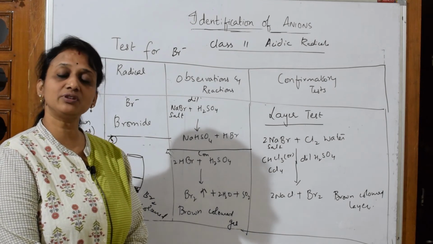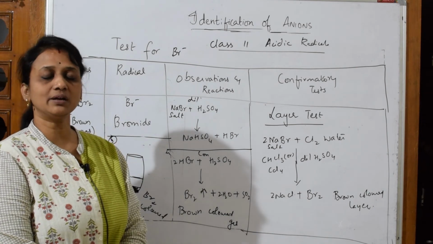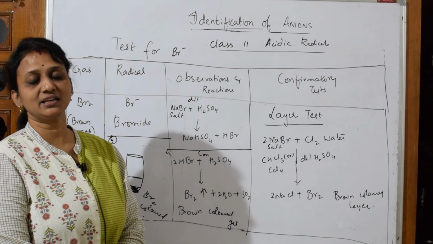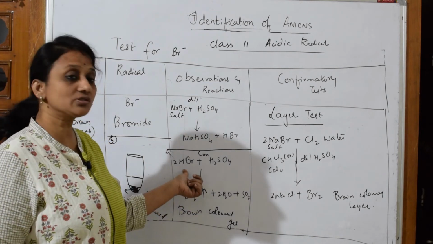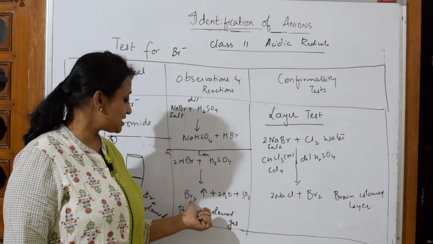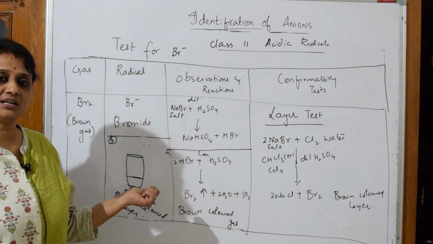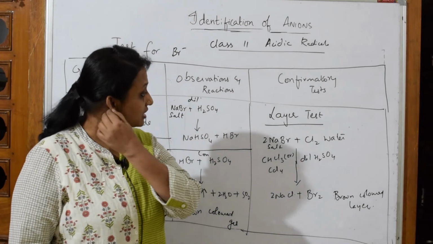In the dilute sulfuric acid, if no gas evolves, you can discard the test tube and get a confirmation that carbonate, sulfide, nitrite and acetate are absent. Then you test your salt with concentrated sulfuric acid. On adding, if you get brown colored gas, it will give you an observation that bromide may be present. Then you start with the layer test.